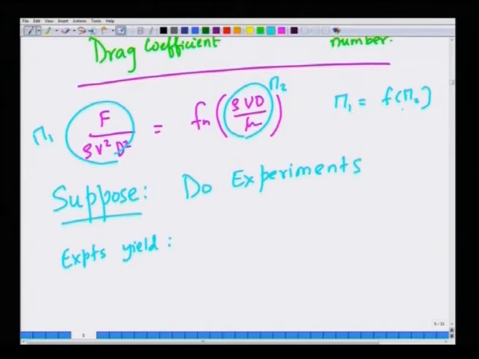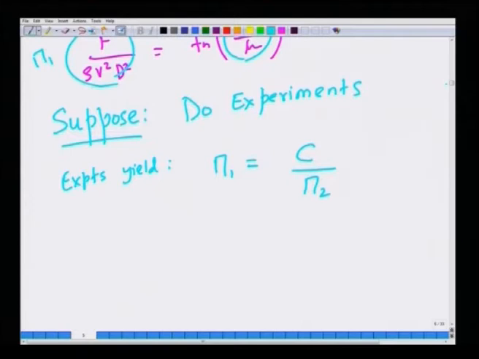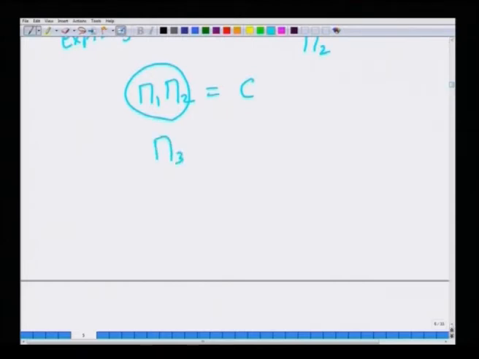Suppose the experiments tell you that the relationship between these two groups is such that pi 1 is some constant divided by pi 2. Suppose experimental data tells us this. After doing experiments, you find that pi 1 is some constant by pi 2. Now, what this means is that pi 1 times pi 2 is a constant. So, this is pi 1 times pi 2, another non-dimensional group, that we can call pi 3, let us say, is a constant.